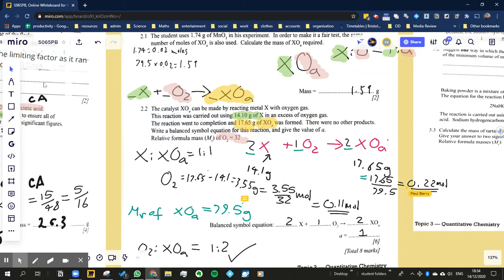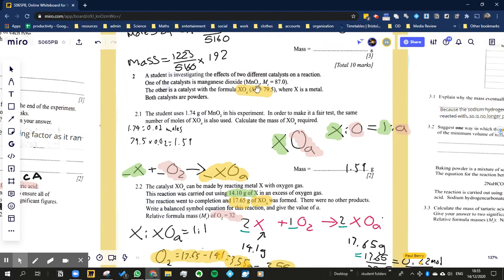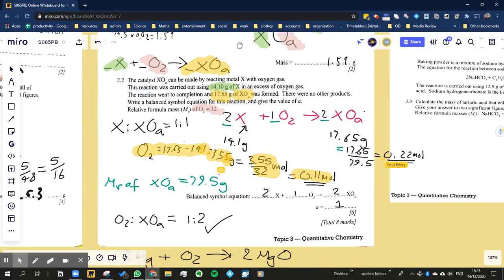So if I delete this rectangle here, we can start to work out what we did here. Here's my mass of oxygen that I worked out, 3.55. I know the molar mass of oxygen is 32, so 3.55 as a fraction of 32 would be the number of moles. So there's my moles of oxygen. I did the same with the XOA. In the previous part of the question, we were told that the molar mass of XOA is 79.5.